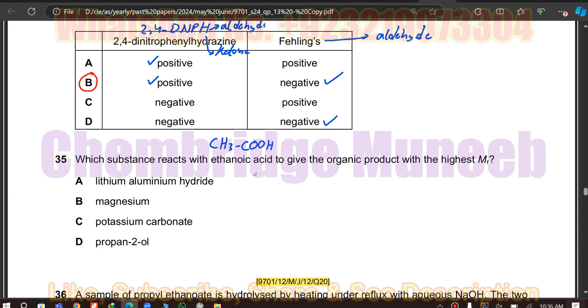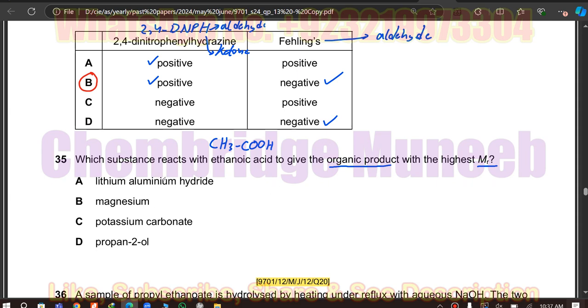Now this ethanoic acid must react with all these 4 given compounds separately. After that we need to check the Mr values of all the products we get, especially for the organic products, not all the products but only the major organic product which will be produced as a result of the reaction between these reagents and ethanoic acid.